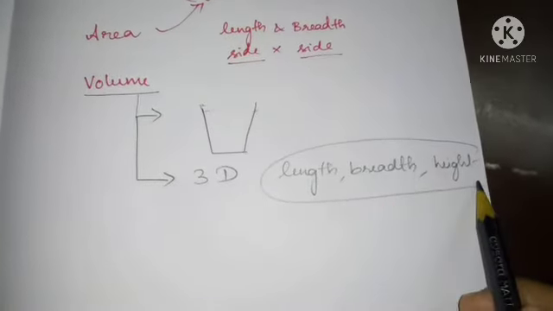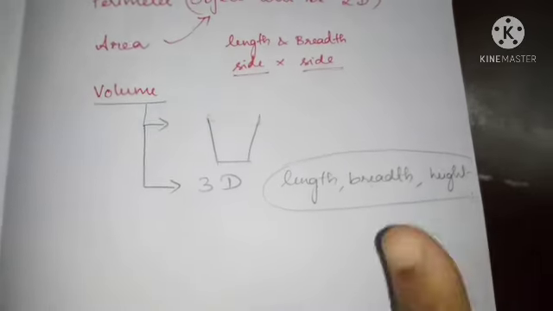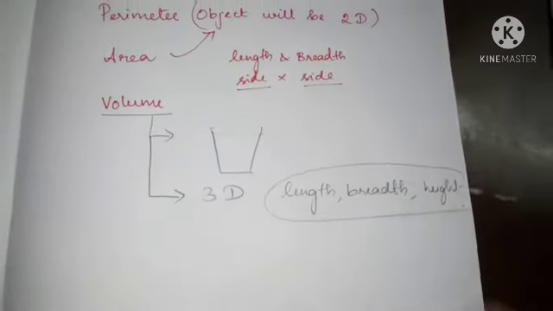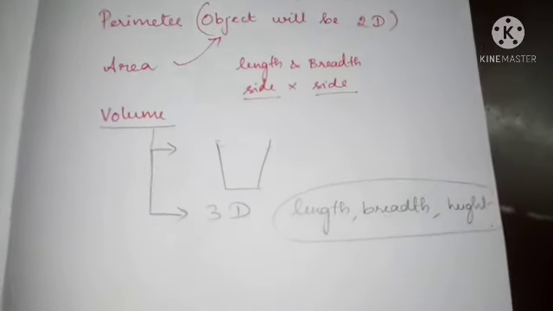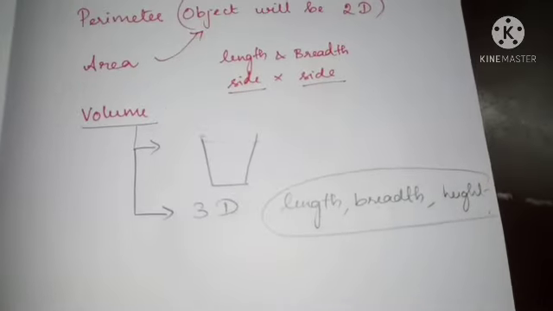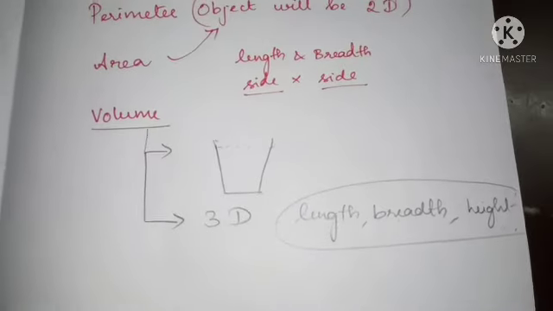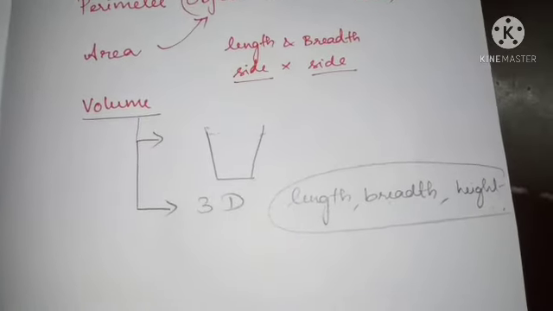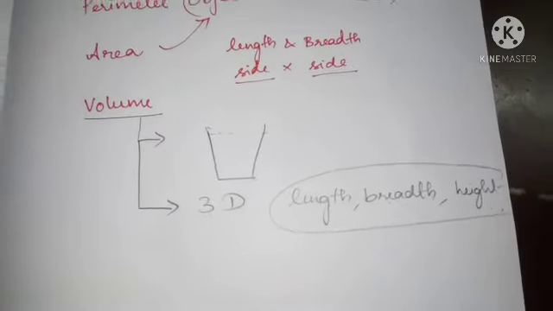Using these three measurements, we will find the volume of the water which is filled in that bucket or anything. So volume will be in three dimensions. Many objects which are around us are 3D, where we have three dimensions.